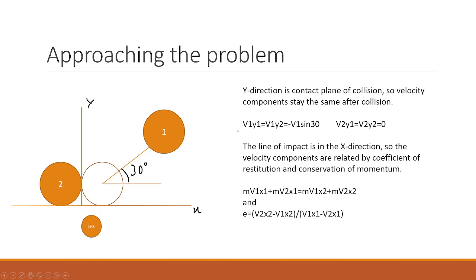The first velocity of the first ball in the y direction will be equal to the second velocity of the first ball in the y direction, which will be equal to the negative initial velocity times sine 30. And for the second ball, the first velocity will be equal to the second velocity, which will be equal to 0, as it started from rest.